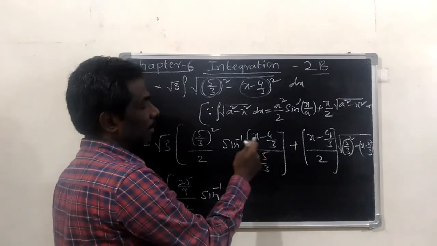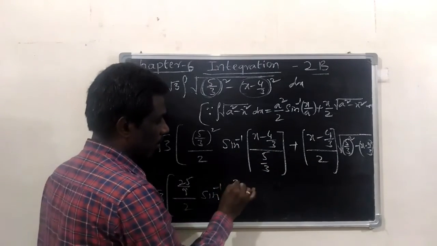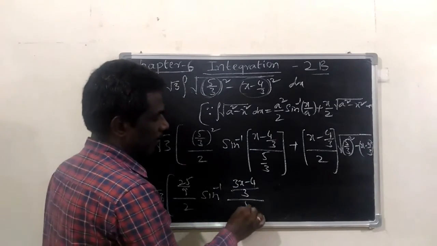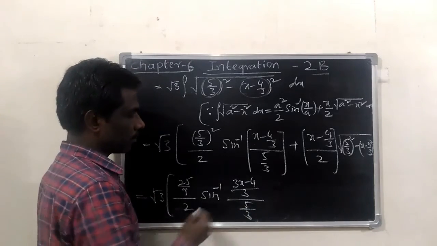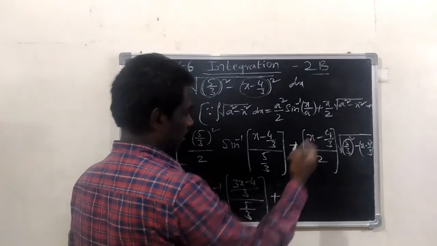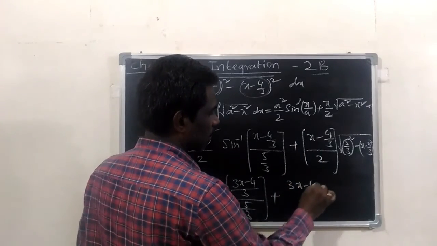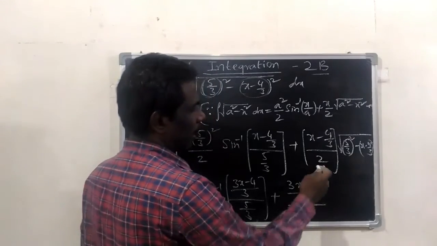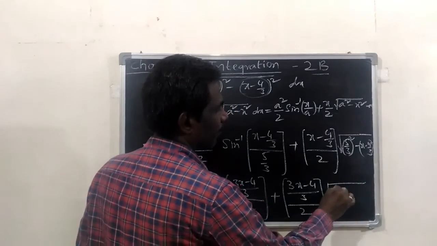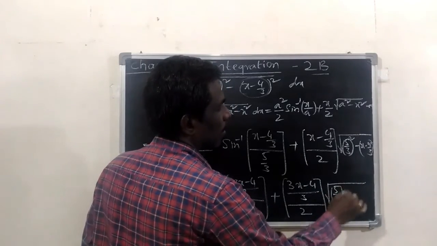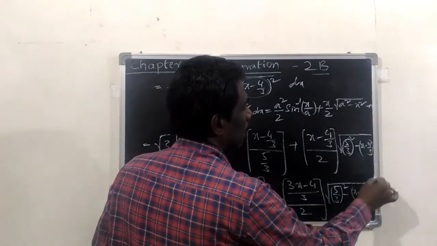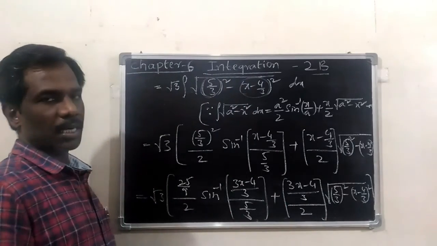Do your LCM, 3 into x, 3x minus 4 by 3 and by 5 by 3, plus 3 into x, 3x minus 4 by 3 and by 2, under root of 5 by 3 whole square minus x minus 4 by 3 whole square. That is right as it is.